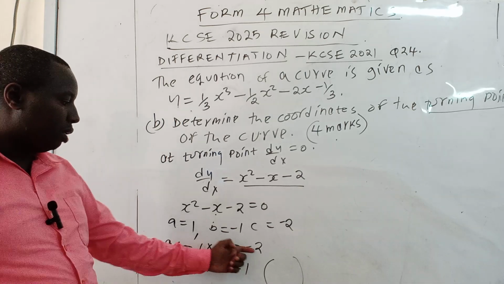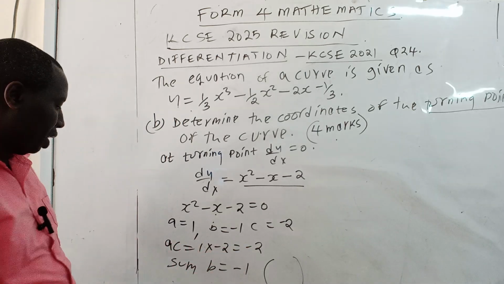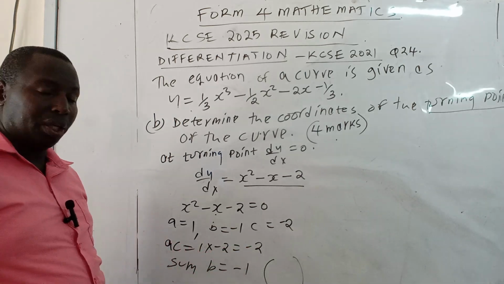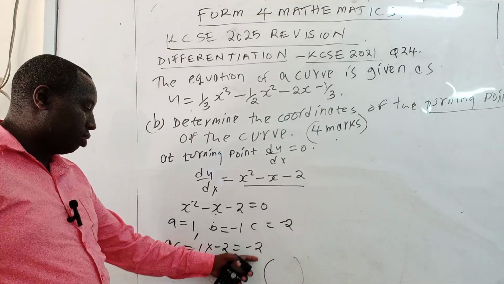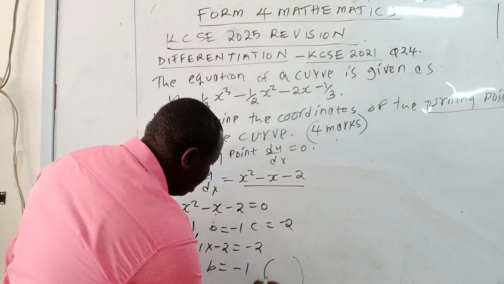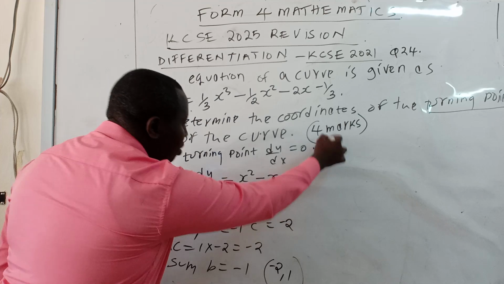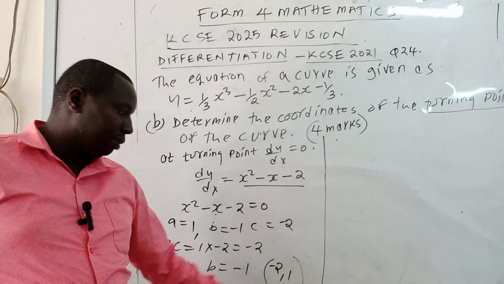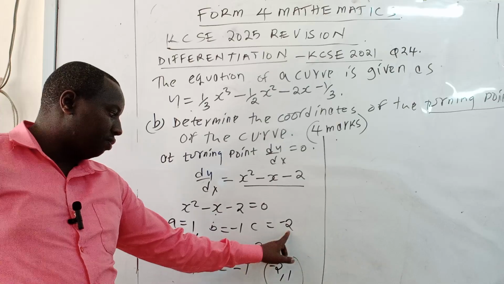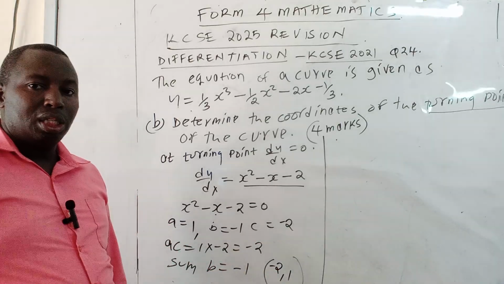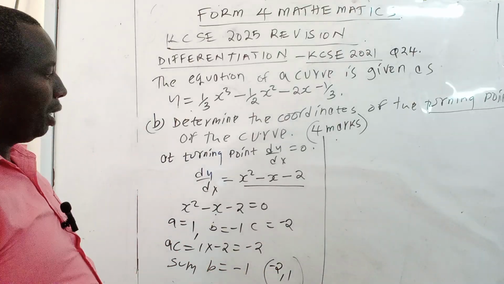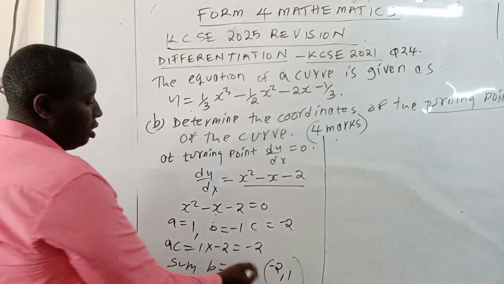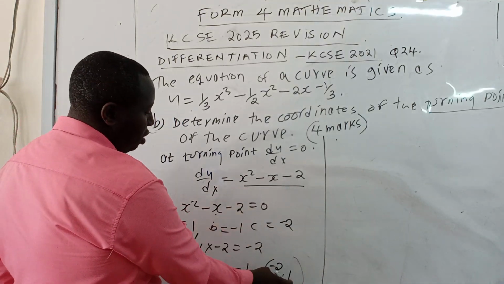Two numbers you multiply, you get minus 2, and you add, you get minus 1. That is minus 2 and 1. Negative 2 times 1 is negative 2, and negative 2 plus 1 is negative 1. Then from there, instead of writing negative x, you take these two values.